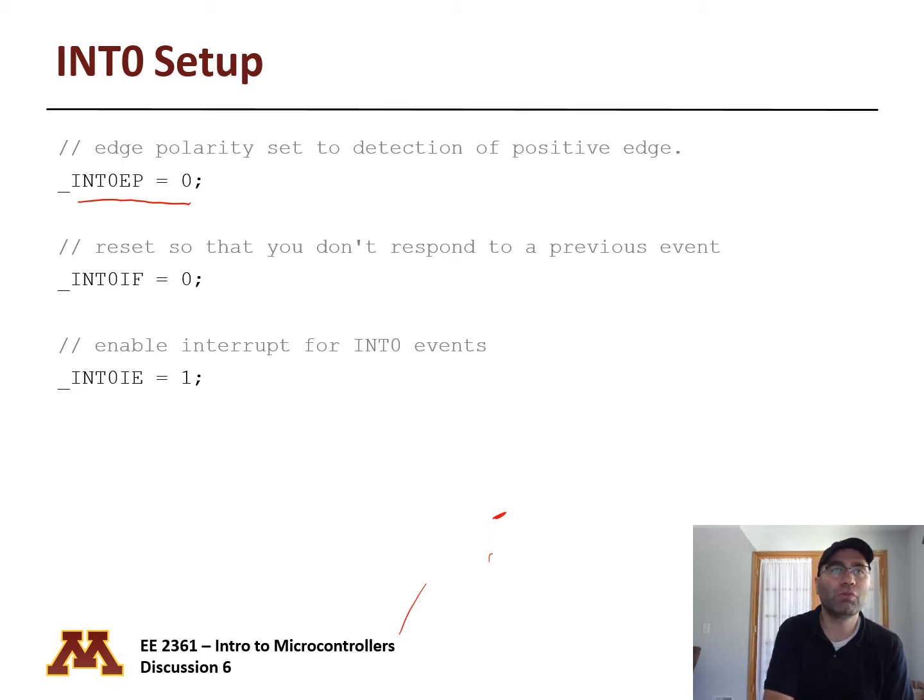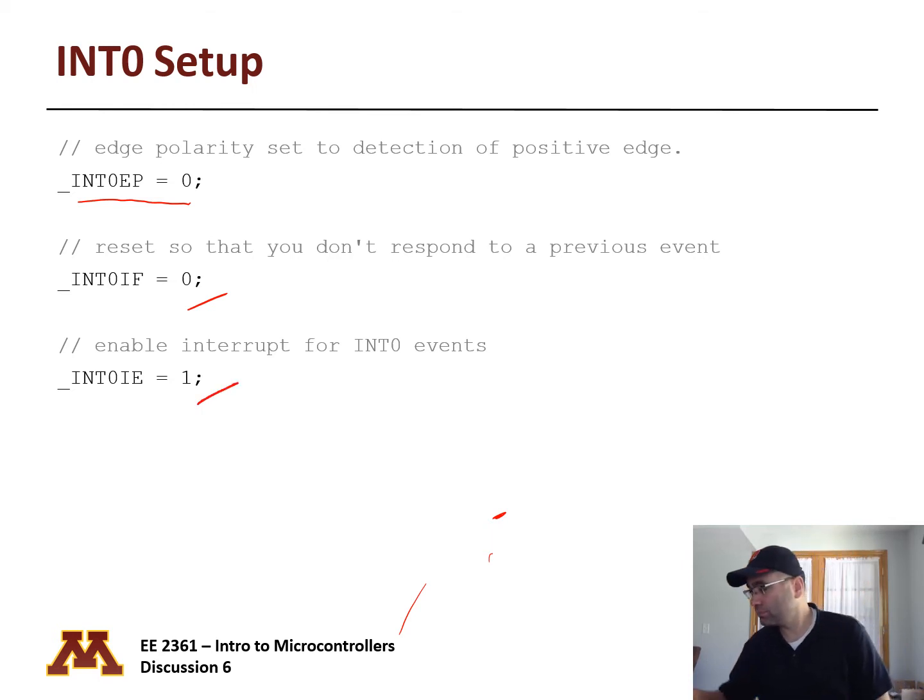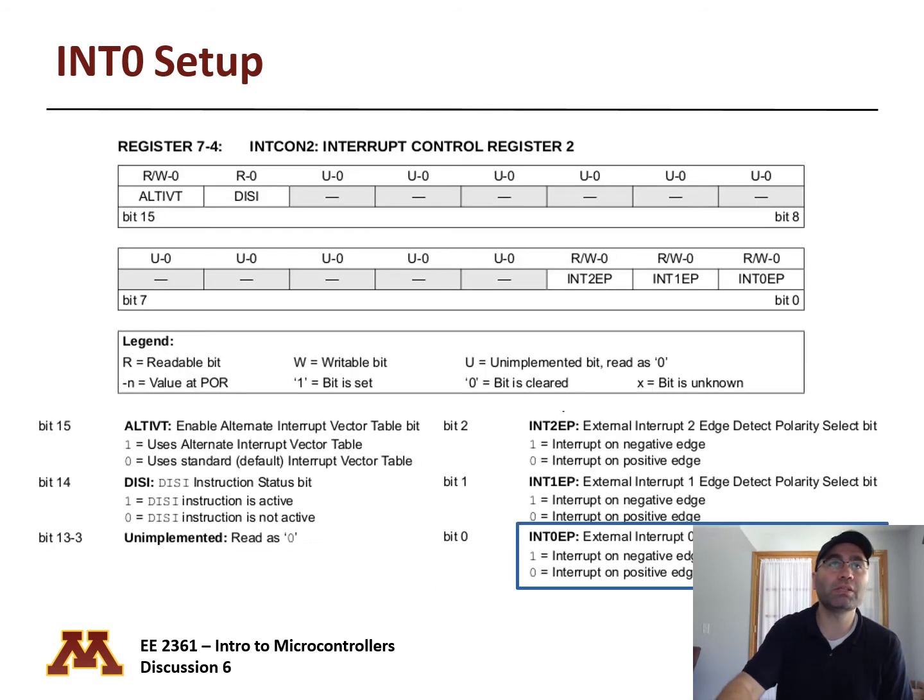We want to clear that one too, because we don't want to respond to a previous event, so we clear that. And then finally we enable the int0 interrupt. Okay, let's move to the next slide.